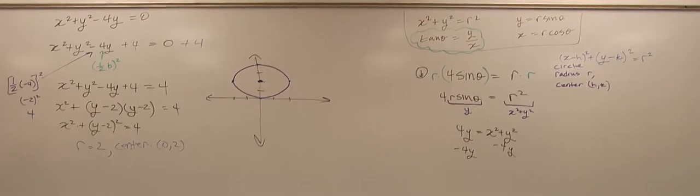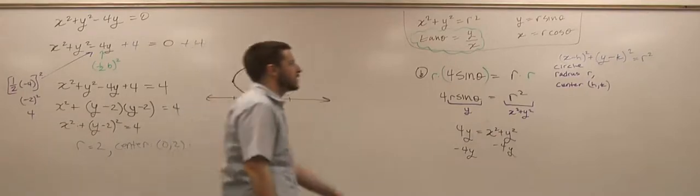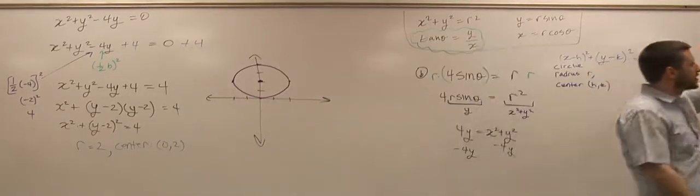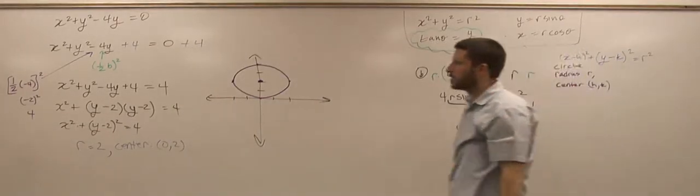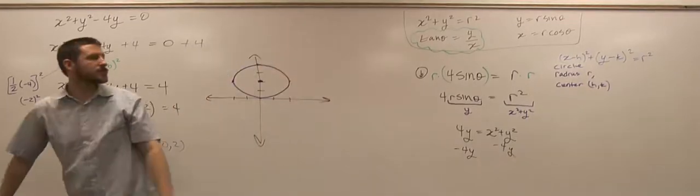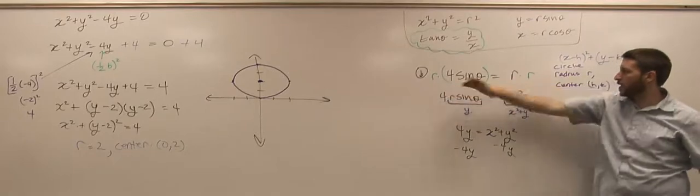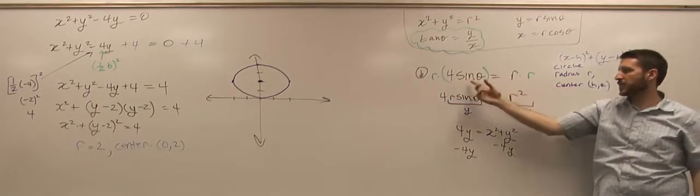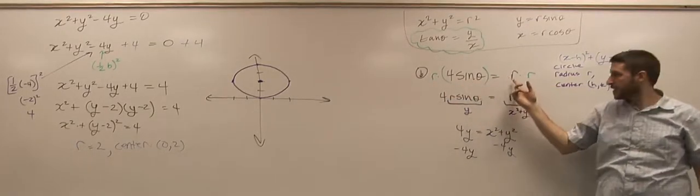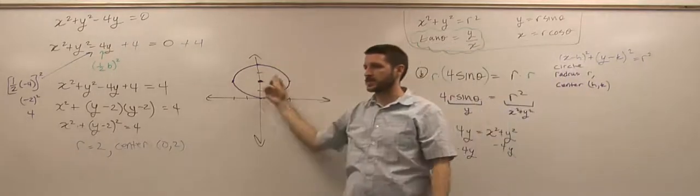So I stole this from the book, but I gave you a nice little diagram here showing you what different polar equations look like. So for example, anytime you have this format where r is equal to a number times sine theta, this is going to end up being a circle on the y-axis.